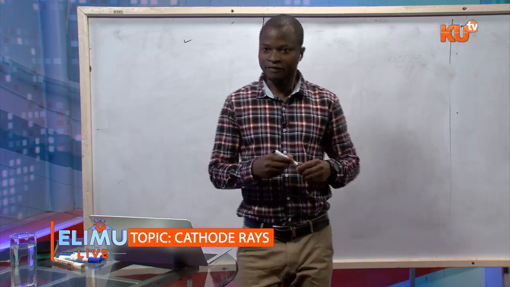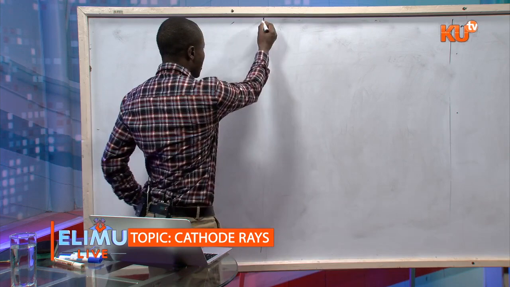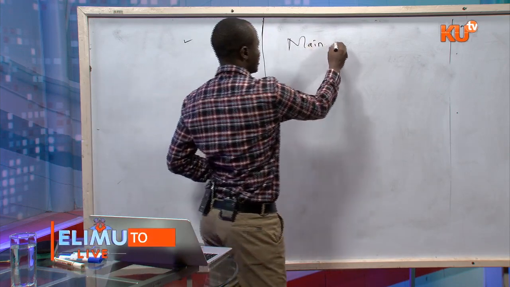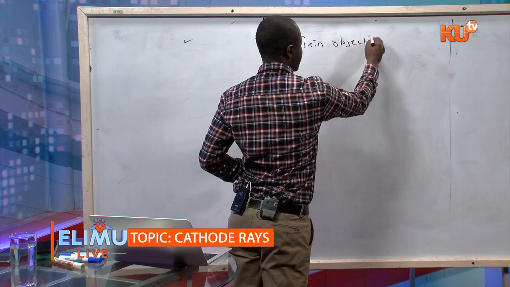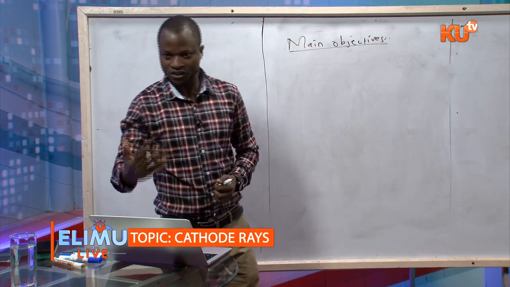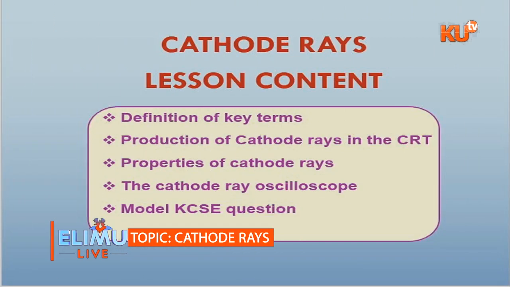1, by the end of this, you should be able to define key terms associated with the cathode rays. Number 2, you should explain the production of cathode rays in the cathode ray tube, also called CRT.